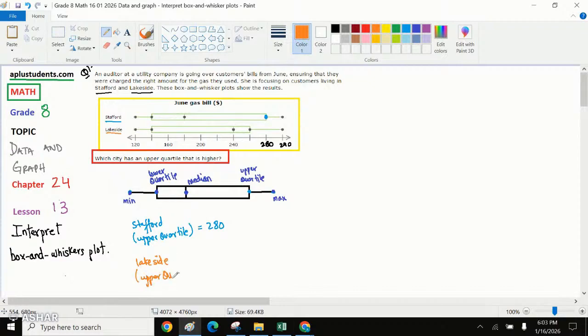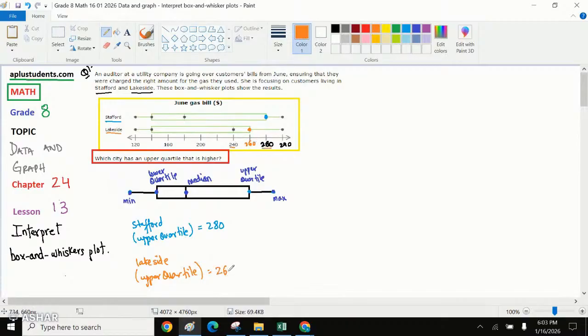Upper quartile. Where's the upper quartile? At, this is 240, this is 280, then this should be 260.